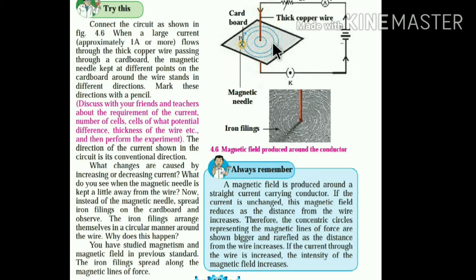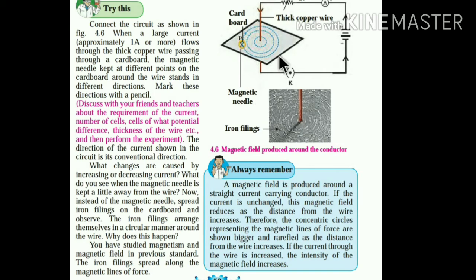So this experiment is done in two ways. First, by magnetic needle, and also we can use the iron filings that are spread on this cardsheet paper. So let us see here the iron filings. Here is the magnetic needle.